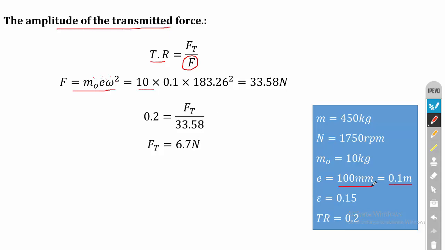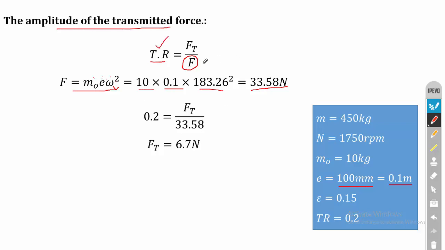It is actually given in mm, I have converted it into meter, you can substitute that. Then omega we have calculated in the previous slide, it is 183.26. By solving this you can calculate the value of externally applied force, that is 33.58 Newton.